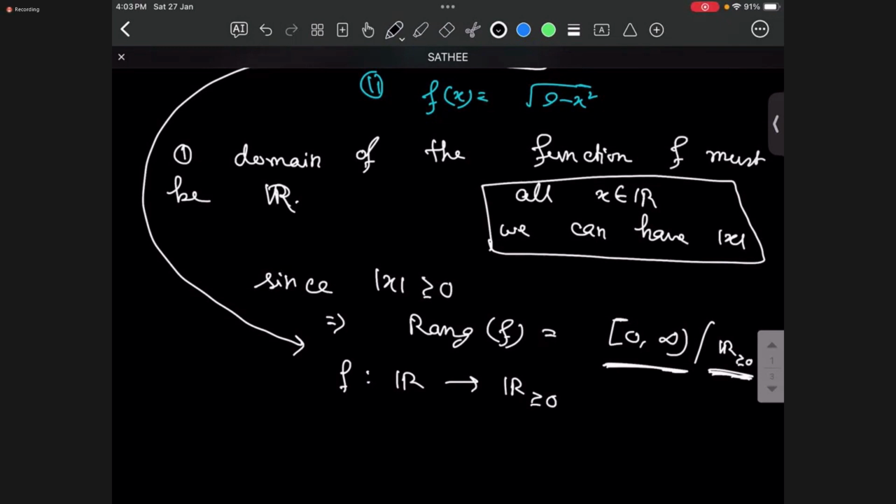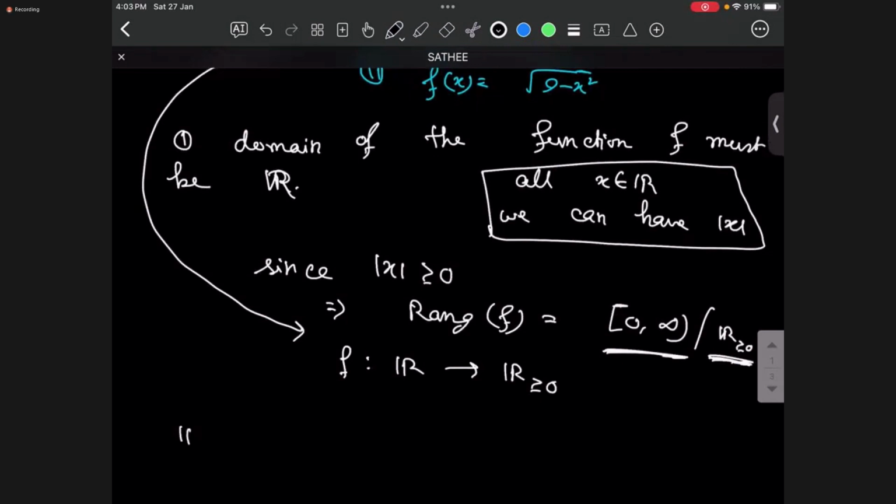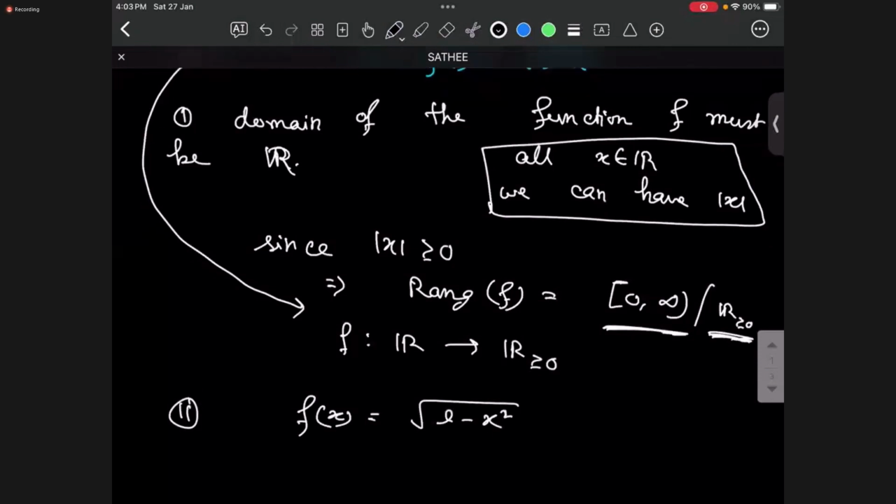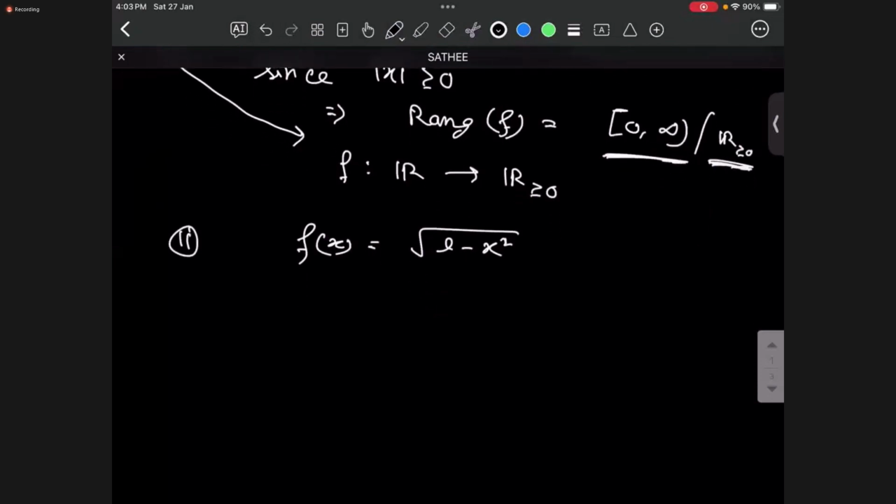Now, what about the second function? The second function is given as f(x) equals root over 9 minus x square. Note that we cannot take the square root of a negative value, like the square root of -1 or -2.